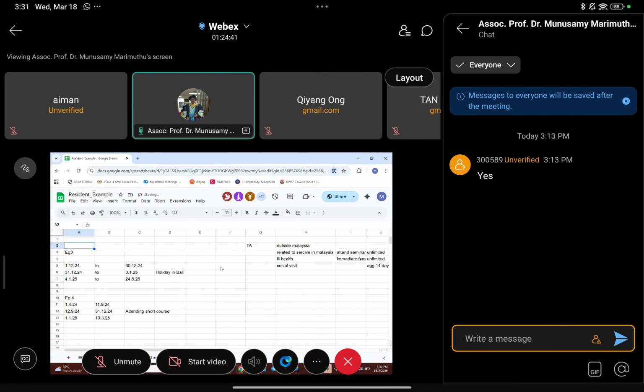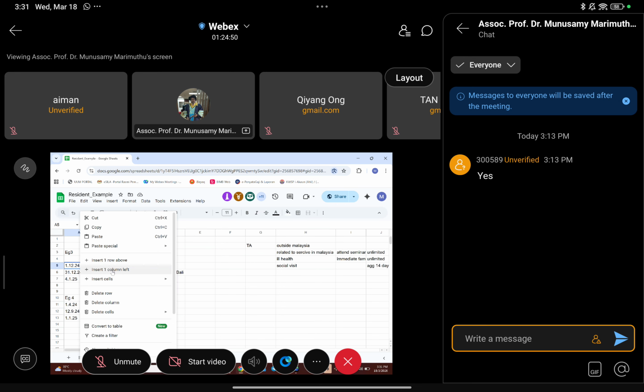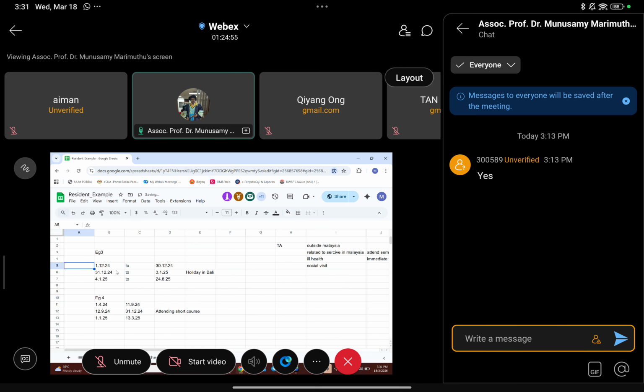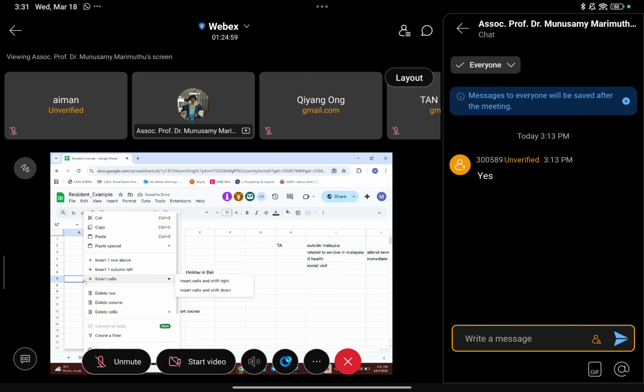Okay, now let's see. Careful here. I split this first. Insert row or column? Column first, then I put a row.